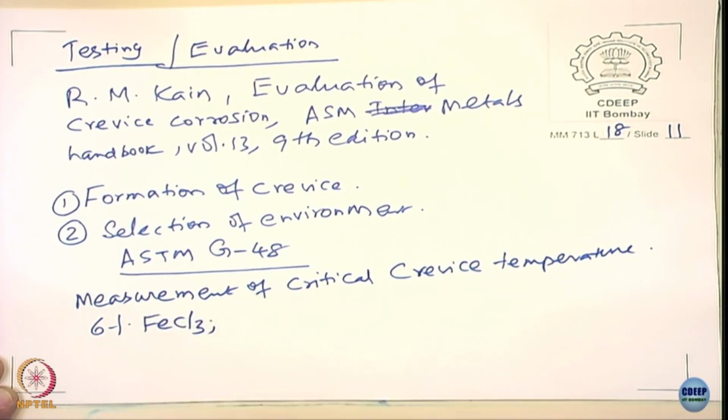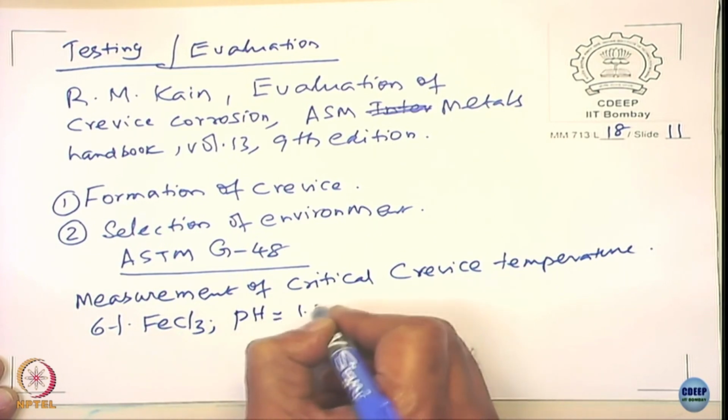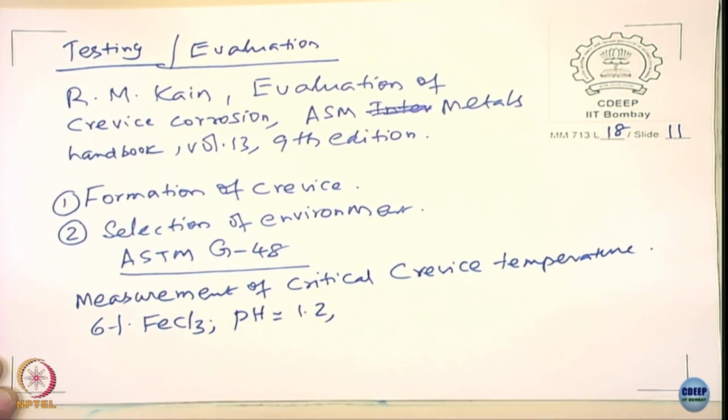The pH is about 1.2. Why do you take ferric chloride? You take ferric chloride because it is a good oxidizer. It can initiate the corrosion process much quicker, much faster than simply immersing in, say, a sodium chloride solution.